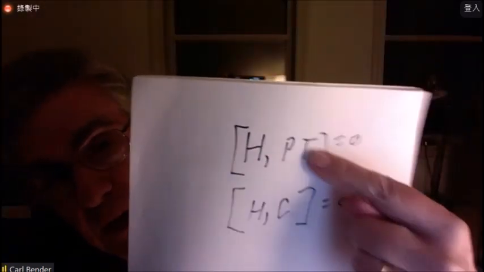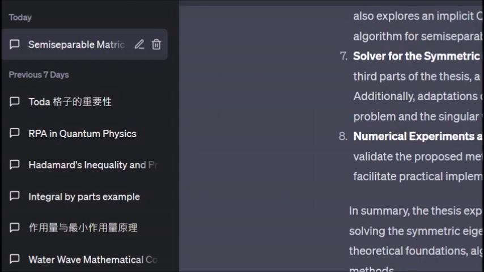I have to say this again. If you have a Hamiltonian that is PT symmetric, which means that PT commutes with the Hamiltonian, sometimes the energies are all real, and sometimes the energies are not all real. They may be complex. Now, if all the energy levels are real, it means you're in a region of unbroken PT symmetry.